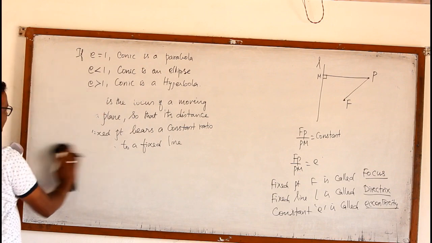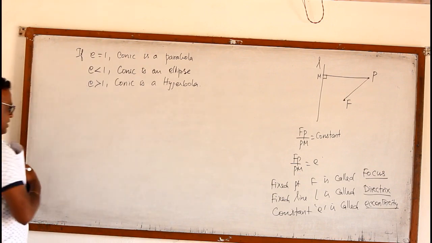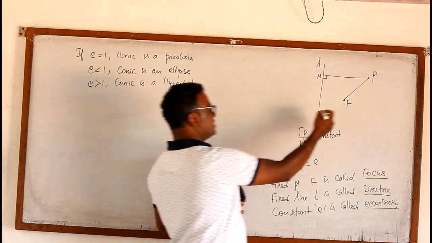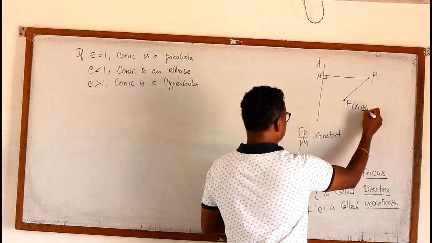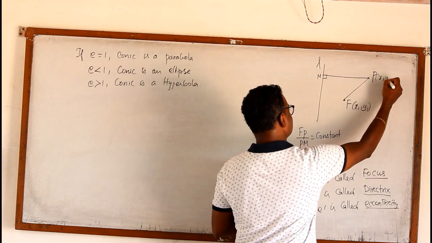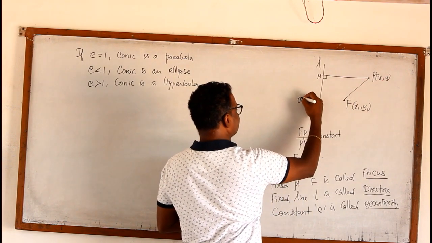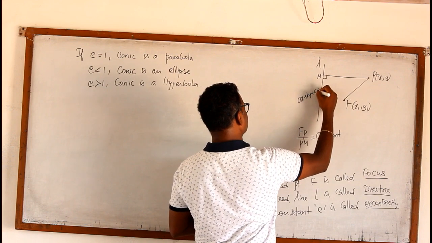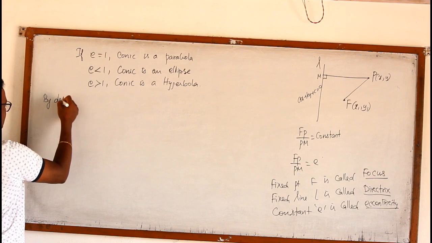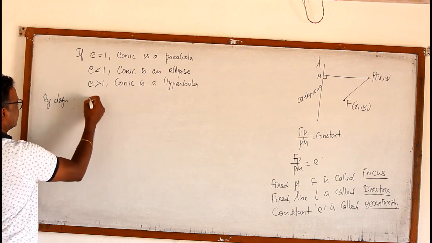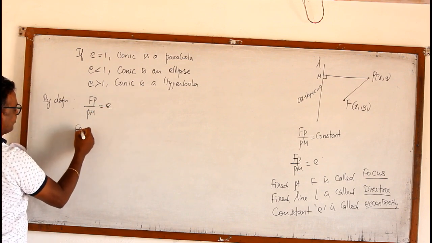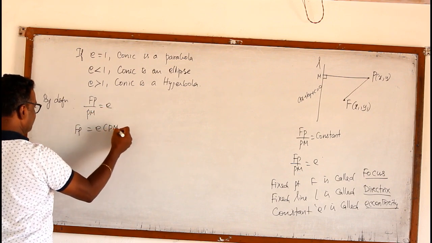Now, let me go still further. Suppose I take the fixed point F as (x1, y1), the moving point as (x, y), and this line as ax plus by plus c equal to 0. By the definition of a conic, FP by PM equals E, isn't it? So FP equals E into PM.